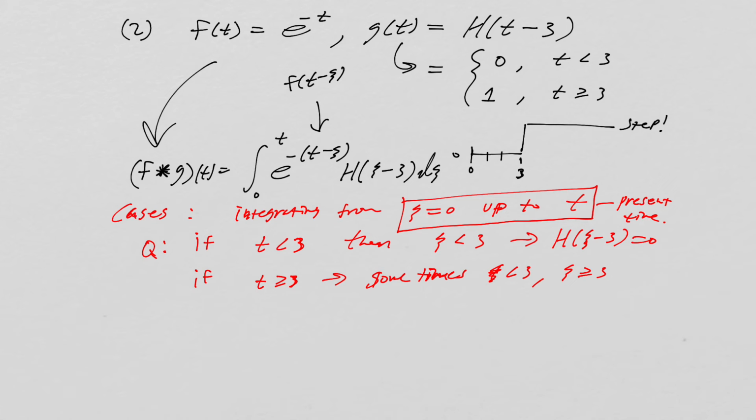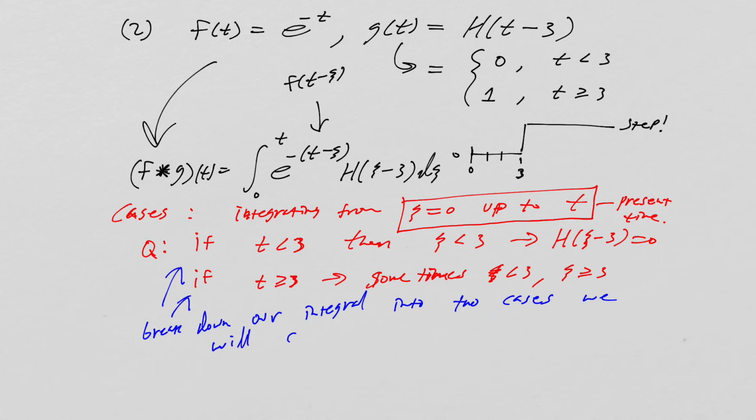So we have to break down our integral into two cases that we will compute separately. It means that f star h is going to be piecewise defined, just like its constituent functions. But that's okay.